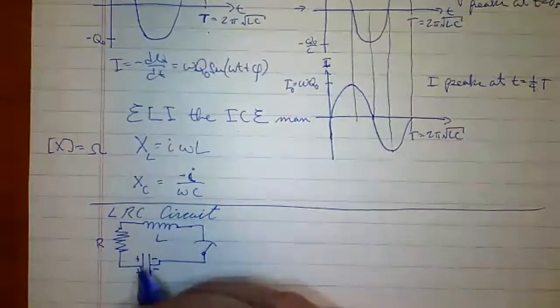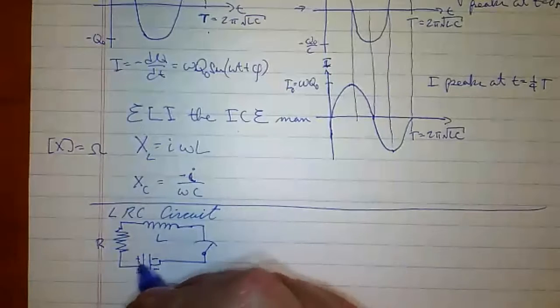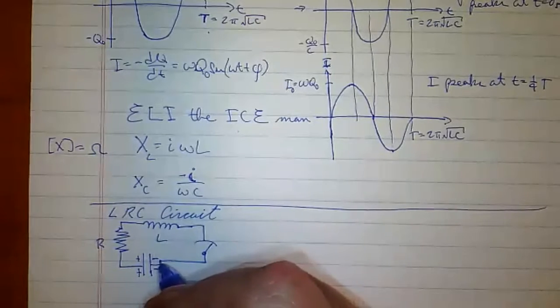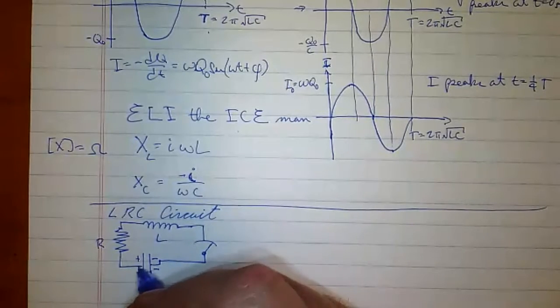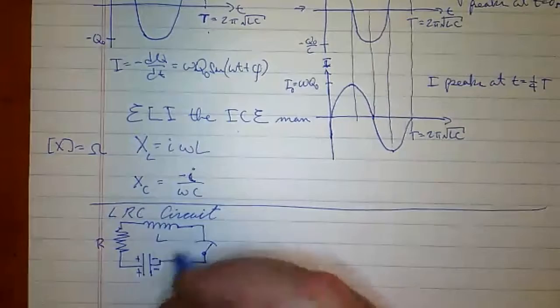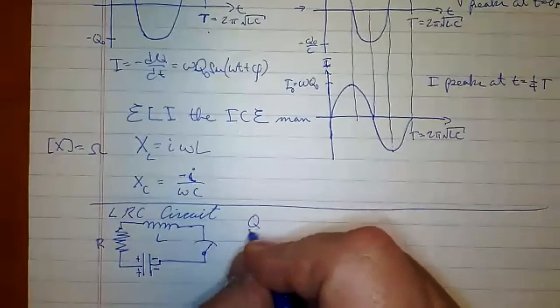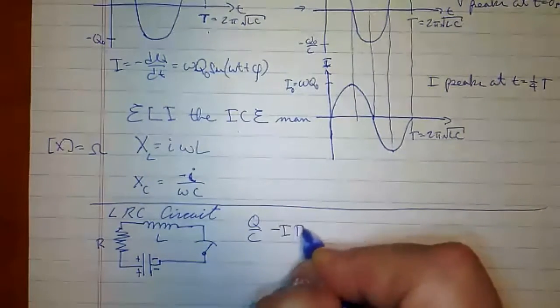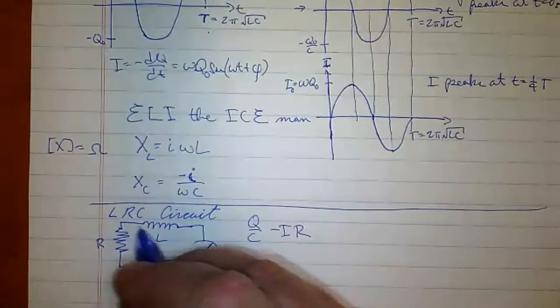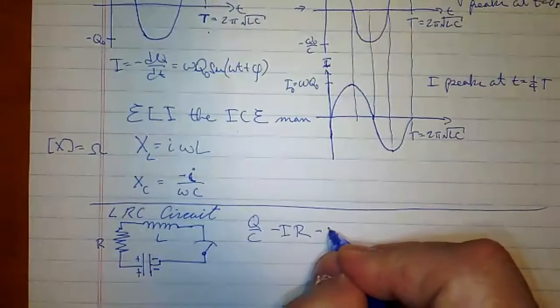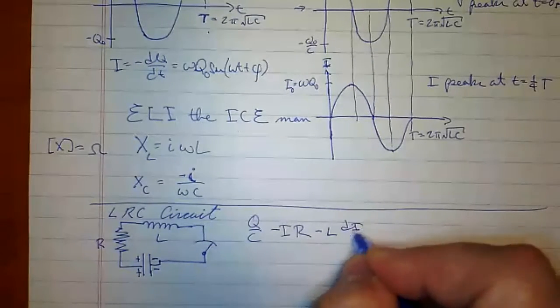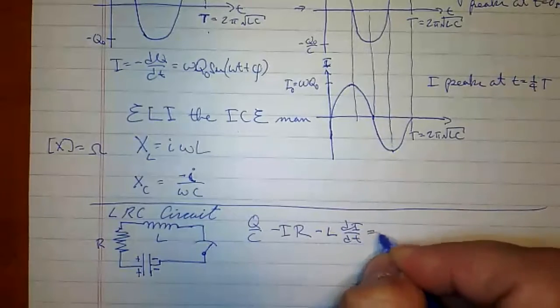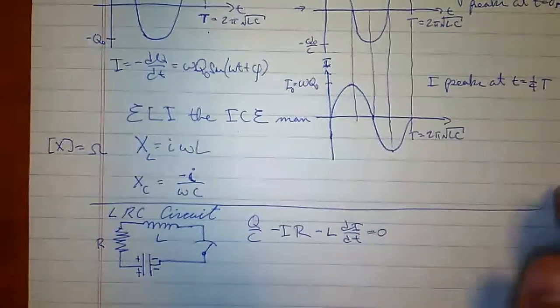So in this case, I'm going to go up a voltage amount using Kirchhoff's loop rule. I'm going to go up an amount of voltage that's equal to Q over C. So I'll say Q over C, and then I'm going to go minus IR, and then minus L di dt, and that's equal to 0.